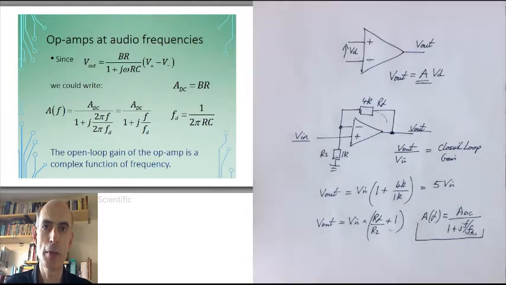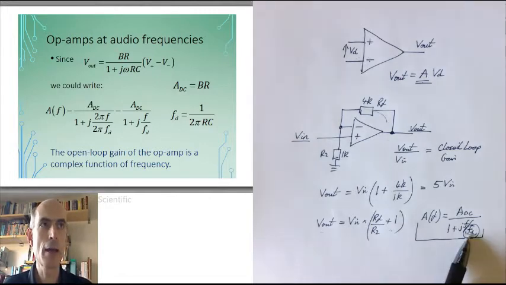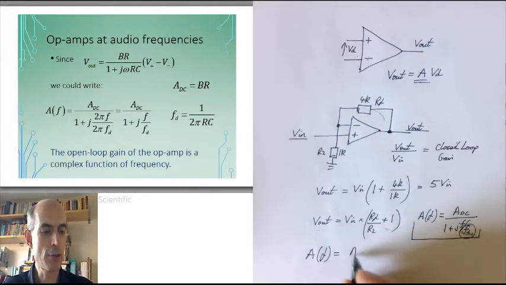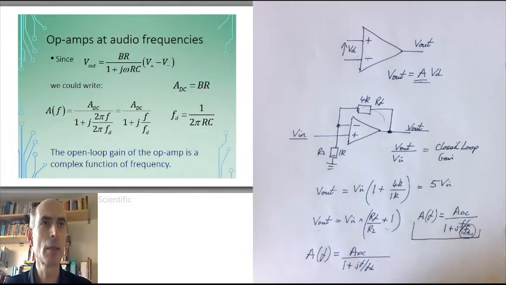What I did want to do in this video is have a quick look at the datasheet of a typical op-amp, because you might be surprised at the actual value of FD, a frequency at which the open loop gain of the op-amp starts to decrease. If you look at this formula, A(f) is ADC over 1 plus jf over fD. If f is very, very much smaller than fD, then this term here is going to be negligible compared to the 1.